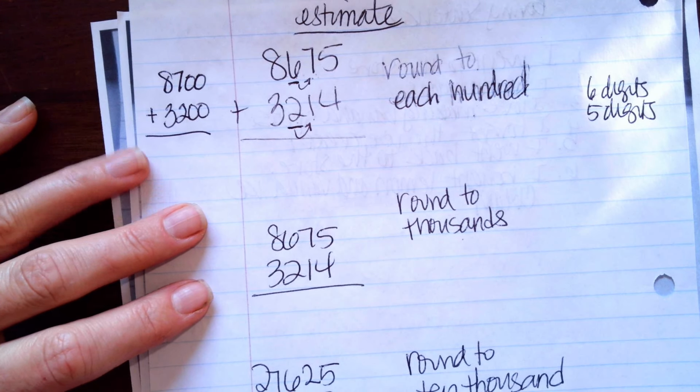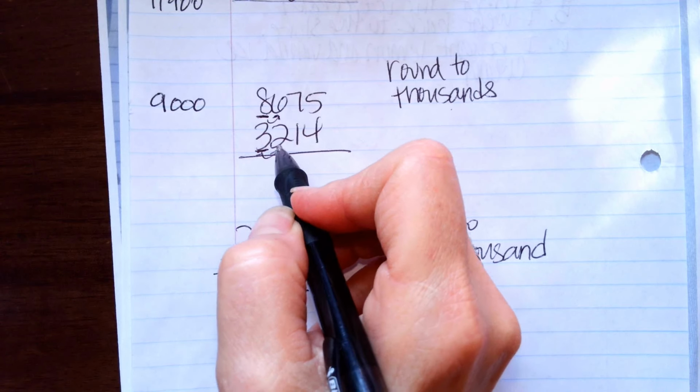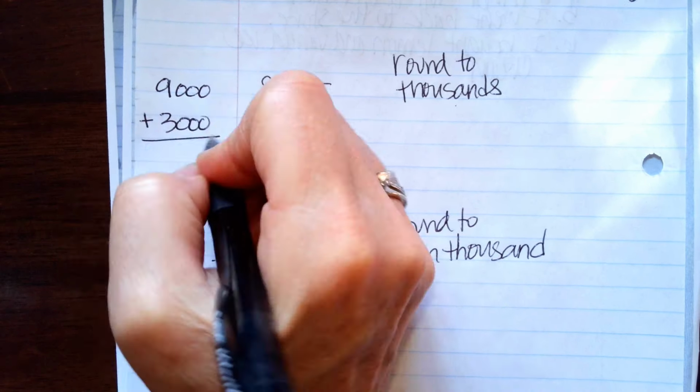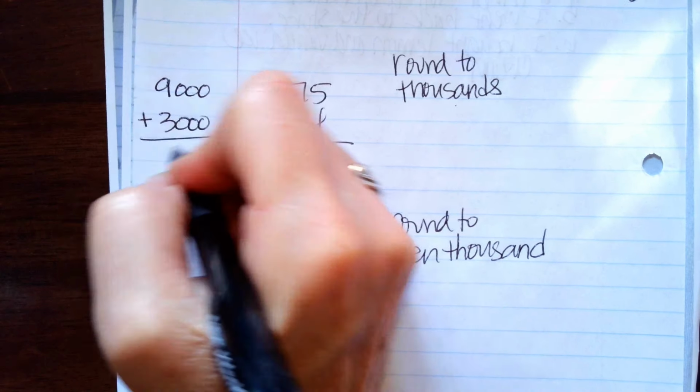This is a 5 or more, so this turns to 9,000. We do the same thing here: we underline the thousands digit. This is a let it rest, so it is 3,000. And so if we did that, it would be 12,000, which is close to 11,900.